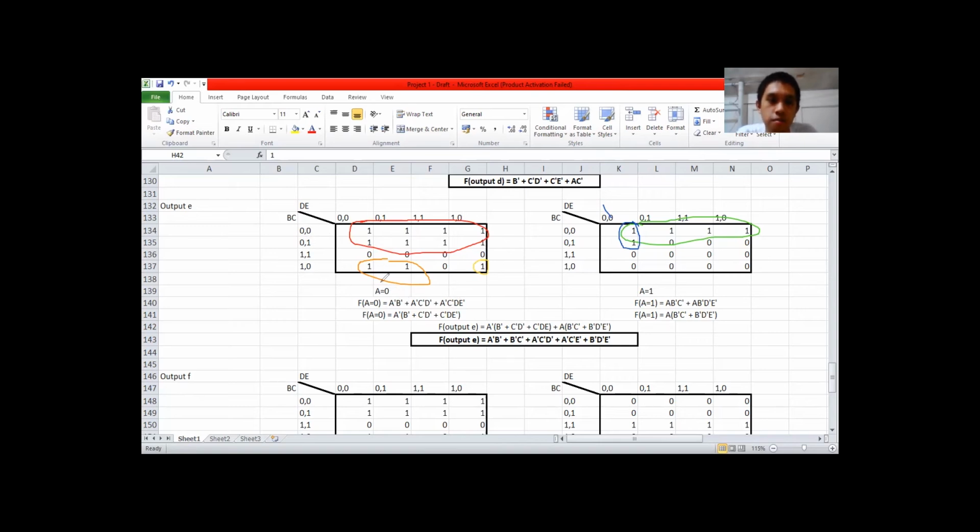Focusing on the orange group, A is 0, B is unchanged, it is 1, C is also unchanged, which is 0, and then D is unchanged, which is 0, E changes from 0 to 1, which is cancelled, therefore, we will have A prime, C prime, B prime.